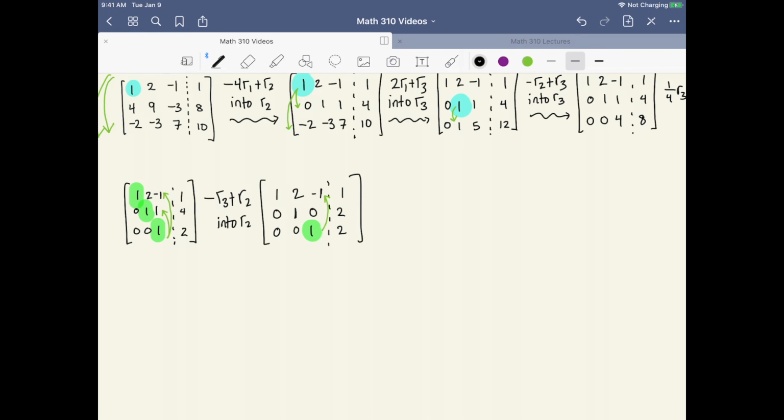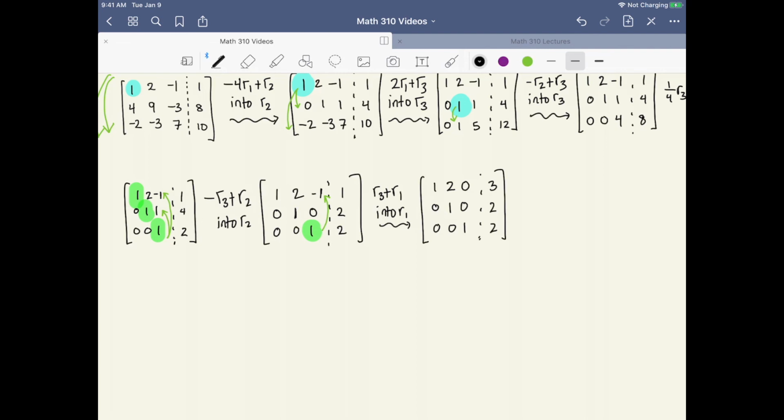So this row operation will be row 3 plus row 1 into row 1. So 0, 0, 1, and 2 in the third row, and 0, 1, 0, 2. The second row can stay as they are. And now our first row is 1, 2, 0, and then we have a 3 showing up.